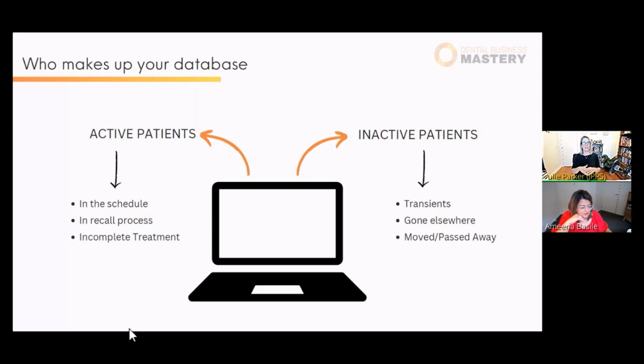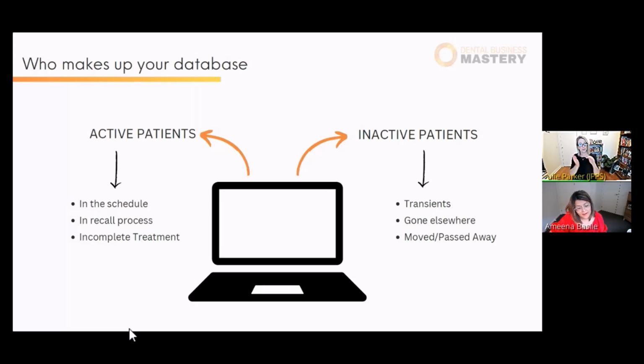So when we talk about database discovery, we're talking about this collection of people, and the discovery portion is identifying which ones amongst all of the people within your database we can reactivate in some way, tap into in some way, because it could have been a software issue, the way we input data and patient information into the software.